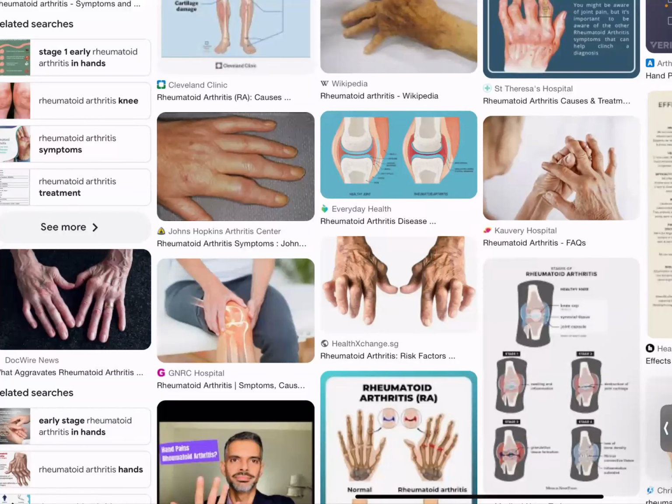If there is any problem in the distal interphalangeal joints, think about psoriatic arthropathy and think about osteoarthritis. This will involve the terminal or distal interphalangeal joints.